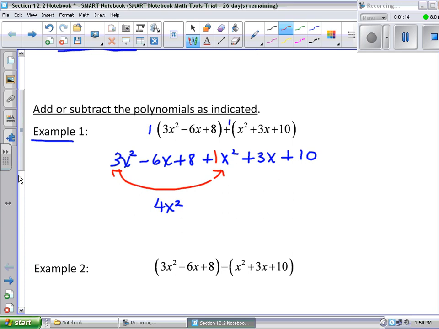Then I have negative 6x plus 3x, which will give me negative 3x. Then I have positive 8 and positive 10, which would give me positive 18.